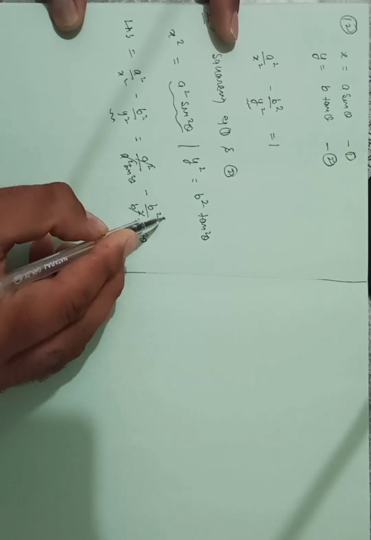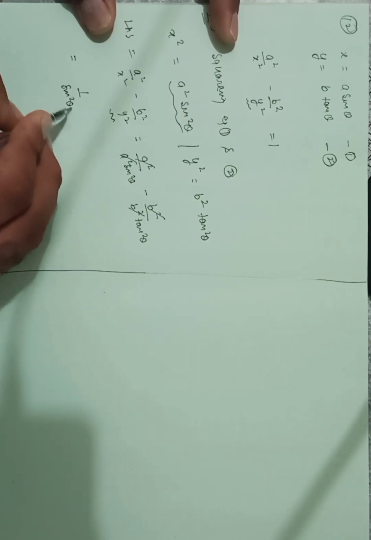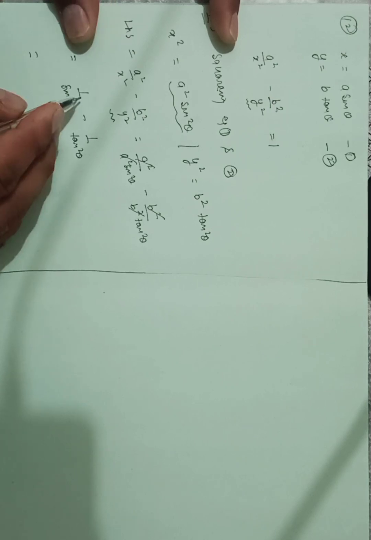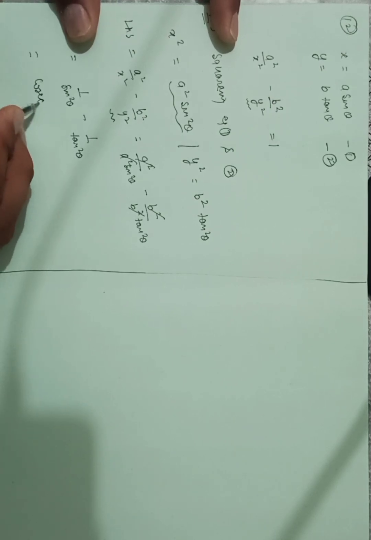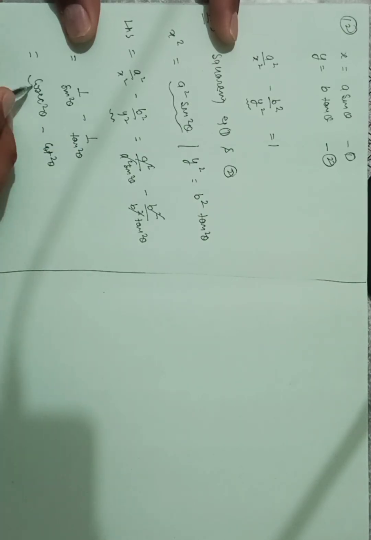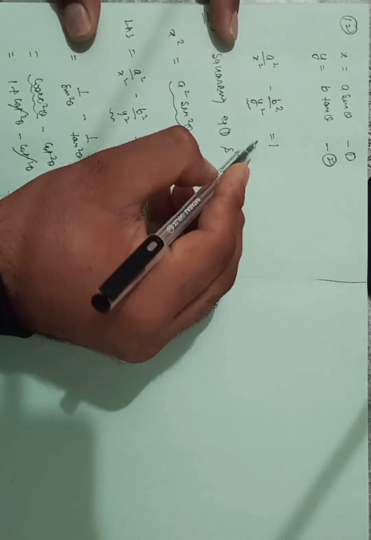A square will be cancelled, this will also be cancelled, and we will be left with 1 upon sine square theta minus 1 upon tan square theta. Now we clearly know 1 upon sine square theta is cosec square theta, minus cot square theta, because 1 upon tan is cot. Instead of cosec square I'll use 1 plus cot square theta, minus cot square theta. The cot square will be cancelled, and we will be left with 1. This is the same quantity we have to prove.